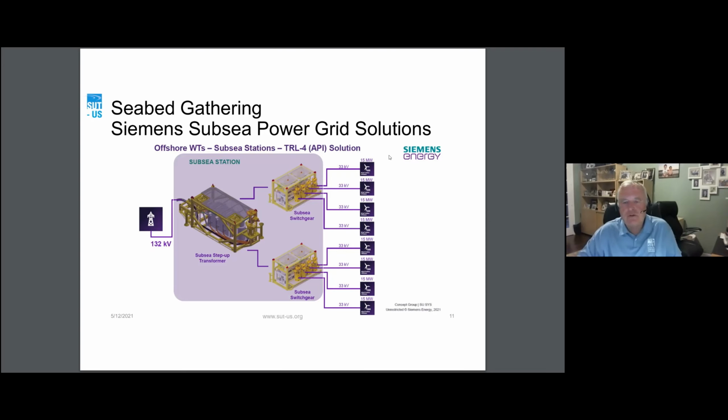And when I've looked at what I see up and down the coast of Oregon, I can see there being an opportunity for this sort of gathering system as you get to a suitable piece of seabed that you'll feel comfortable putting a number of turbines in. If you can't put a large number in, then you could use this technology for a smaller group and then having a power cable going either to the beach or to a shallow water gathering station.